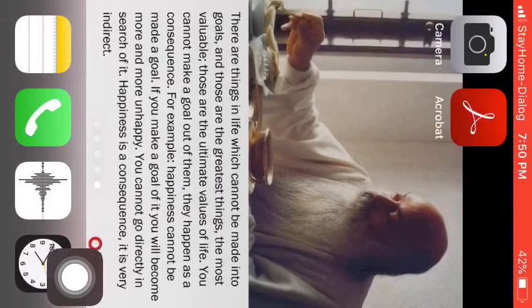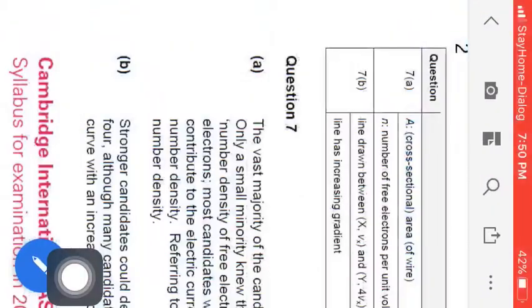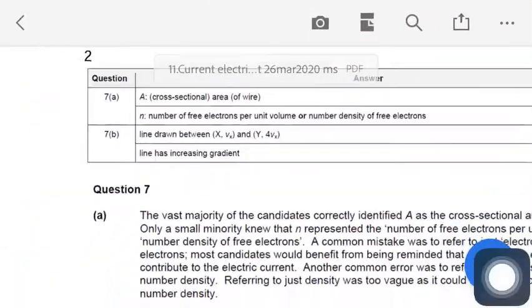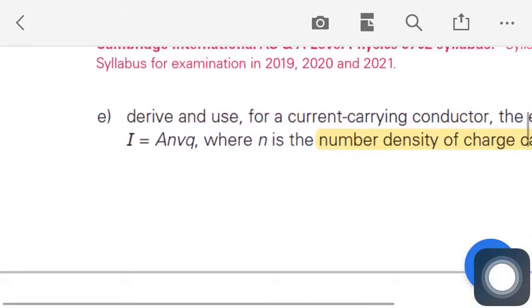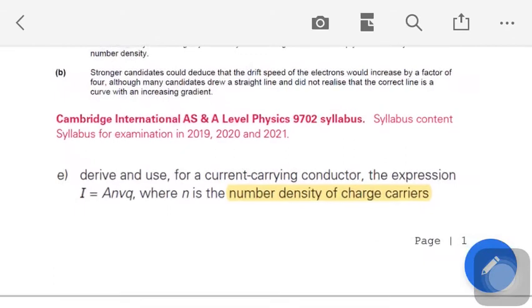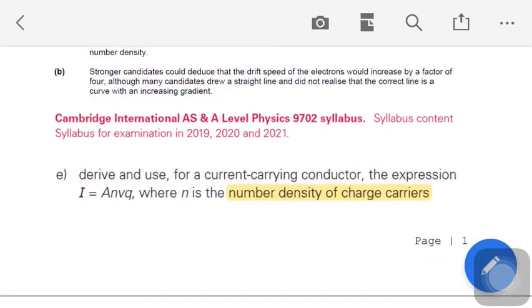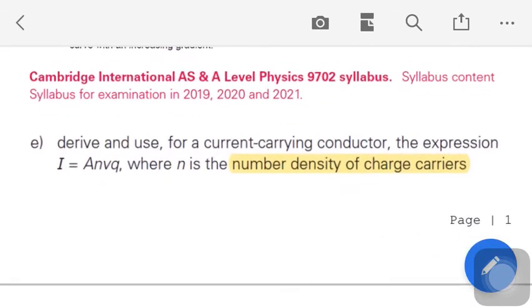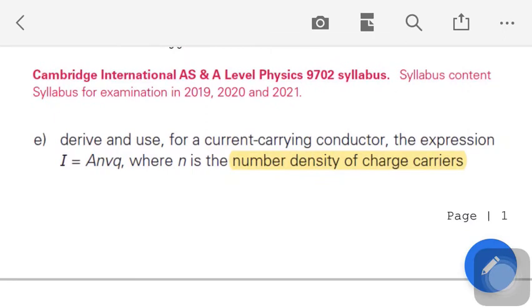Okay. Then the second issue is, when we learned from the book I showed you, and if you look at the syllabus, this is the excerpt from your syllabus. So derive and use for a current carrying conductor the expression I is equal to A N V Q, where N is the number density of charge carriers.